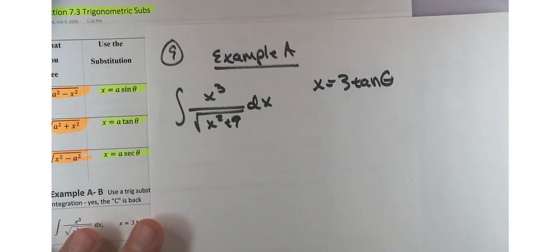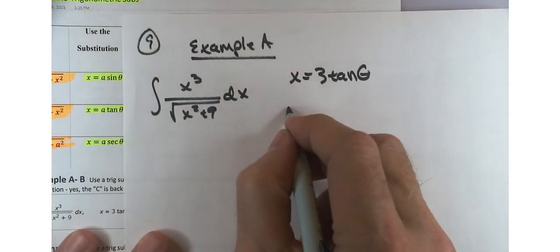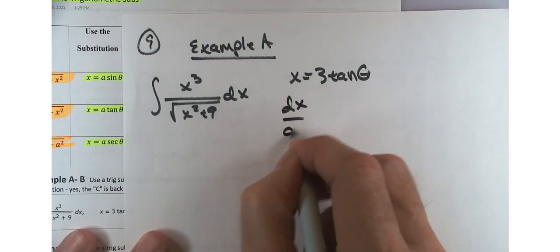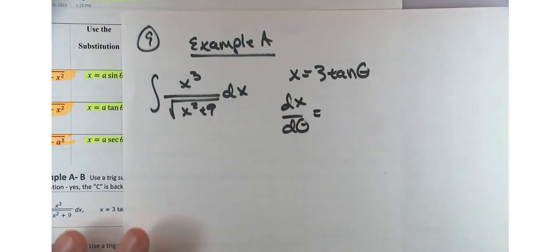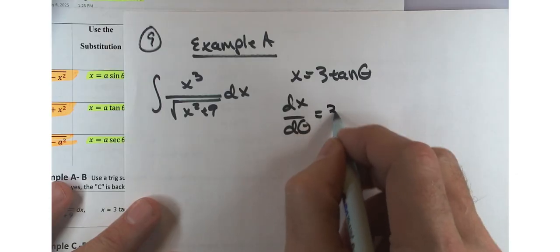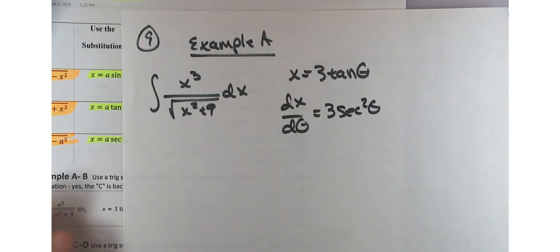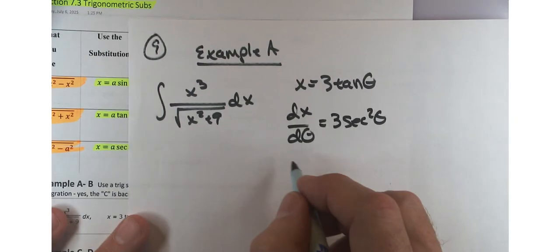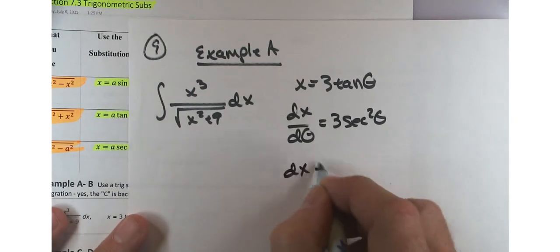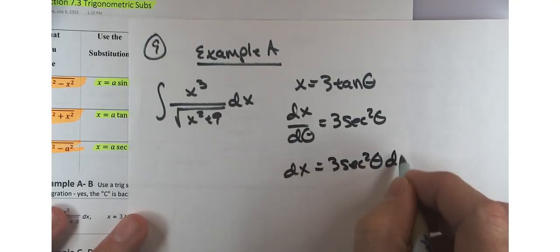Now let's figure out a couple things here. First of which is dx by d theta. You can look at your notes from the last section. What's the derivative here? Three secant squared of theta. And then, of course, we can rewrite this as dx equals 3 secant squared of theta d theta.